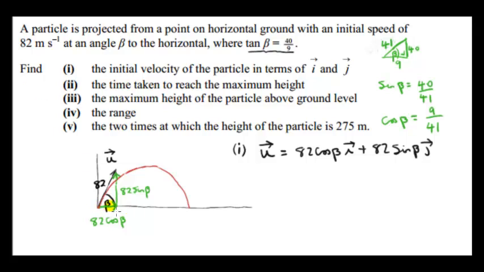So this vector has magnitude 82 cos beta, but we multiply it by the unit vector i. The unit vector i, of course, points to the right and has magnitude 1. So if we multiply 82 cos beta by 1, we get a vector of magnitude 82 cos beta, but it's pointing in the i direction. So I'll fully specify those components now by writing i after this.